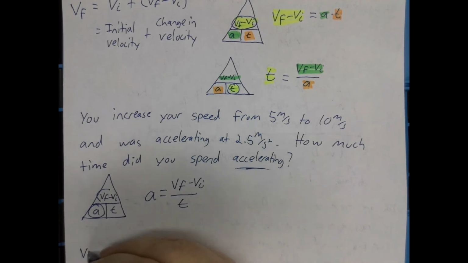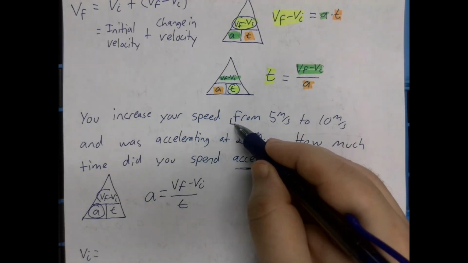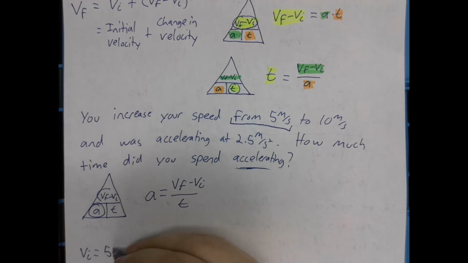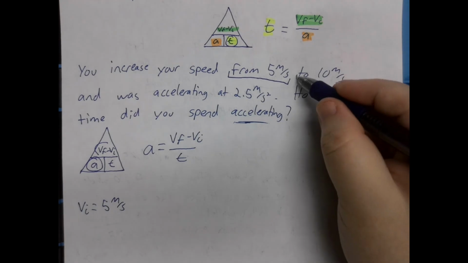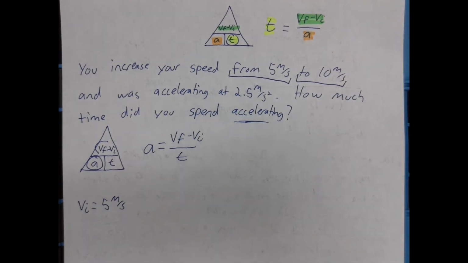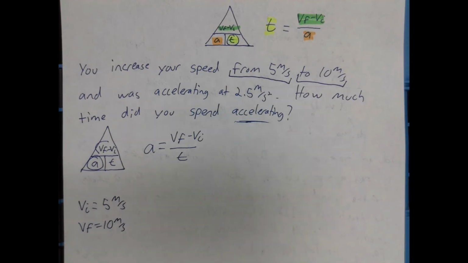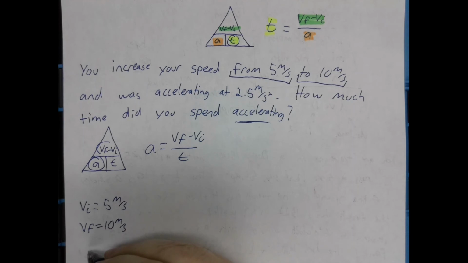So what is our initial velocity? Well, that would be what goes at the start. We begin at this number. So we're going from 5 meters per second, and then we go to 10 meters per second. So that's what we end up at. How's our speed changing? Well, that's our acceleration.